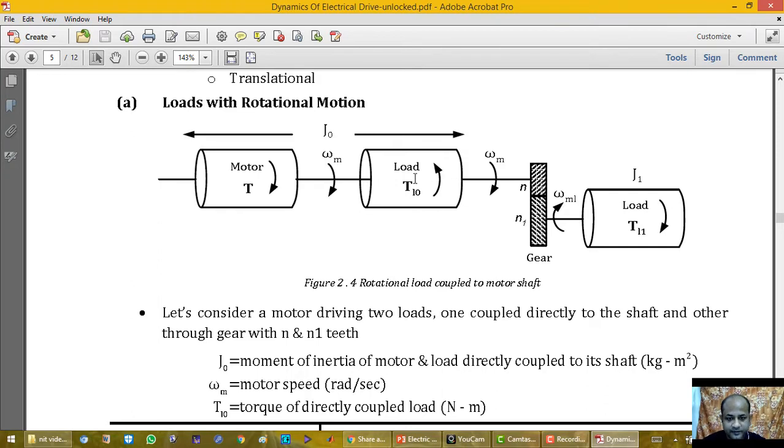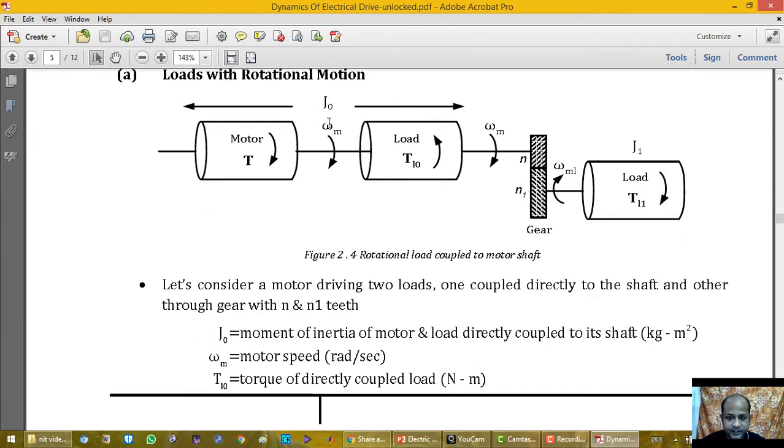One is connected directly to the shaft of the motor and the other through the gear, and that gear has teeth N and N1. So J0 is the moment of inertia of the motor and load directly coupled to the shaft.